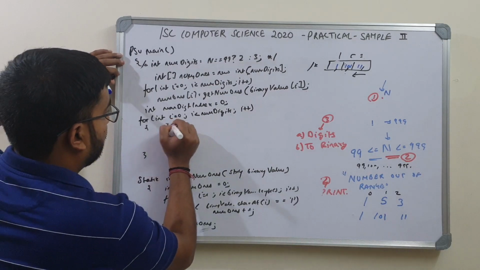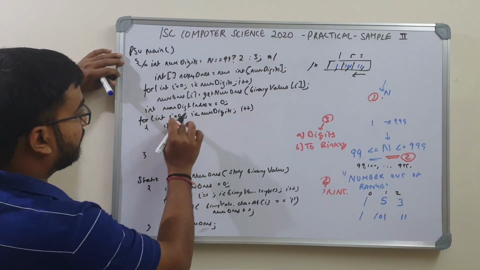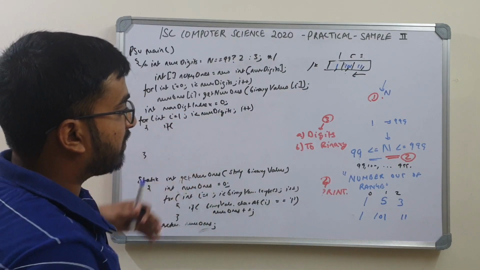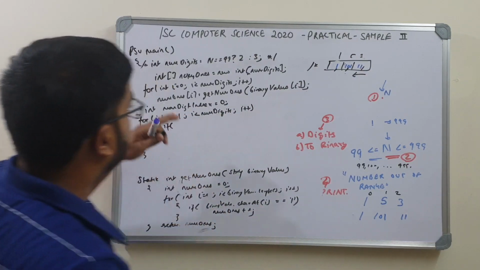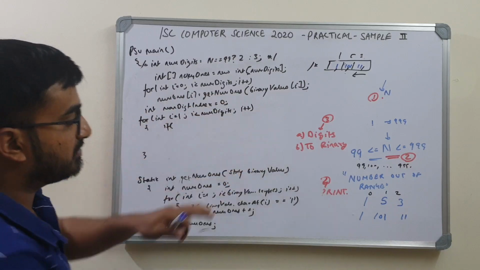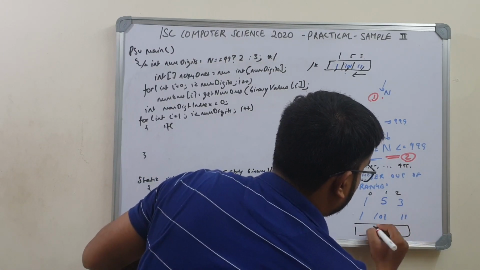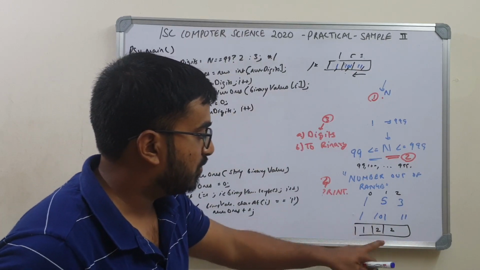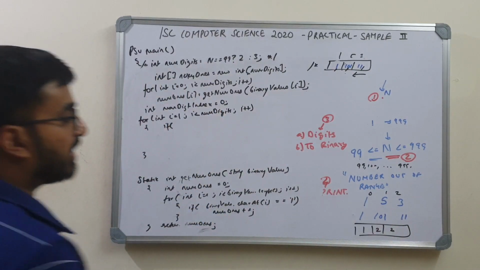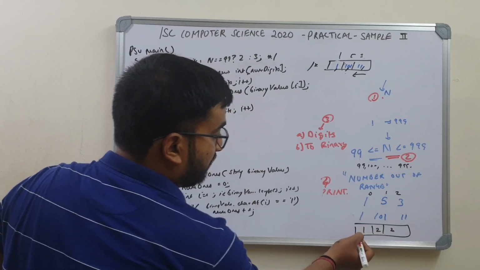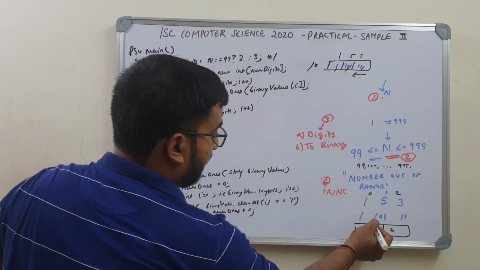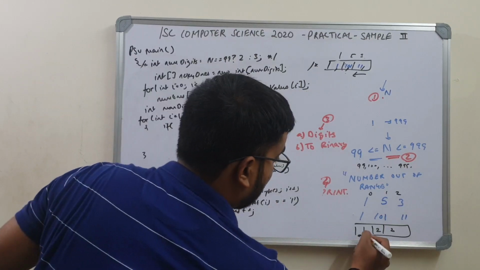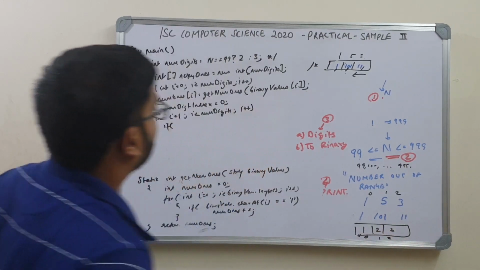Since I have already considered the 0th index, I'll start with 1. Basically, once you find the number of ones for each of these binary values, you get an array like this: 1 2 2, right? So 1 one, 2 ones, 2 ones. I suppose that the first is the maximum in this array, and then I compare it with the others. So I've considered max digit index as 0, then I'll compare it with the others.